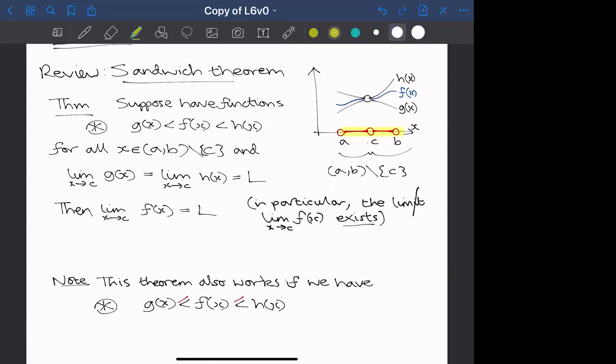So it's an open interval with one point removed. And when we make a graph of a function like that, we often write an empty circle like this to show that the function is not defined at that point.